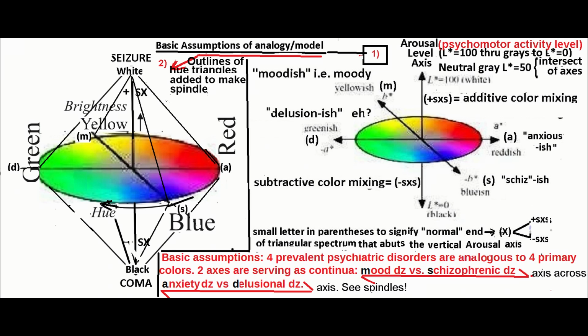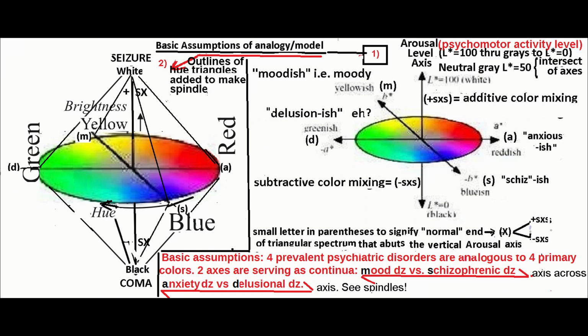Now, the vertical axis is what I call an arousal level axis. Positive symptoms, which are symptoms that are added on, generally more active symptoms, are toward the upper half, and it says seizure on top. As you go toward the middle of the disc, these disorders seem to coalesce into groups of disorders, and they seem to intermingle.